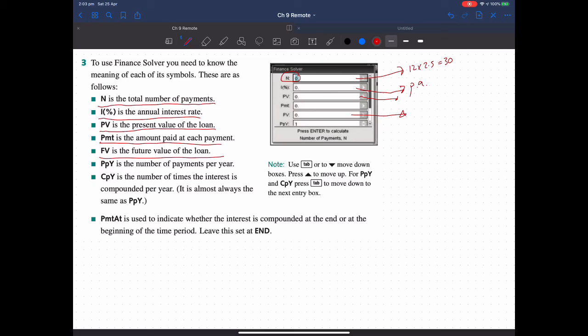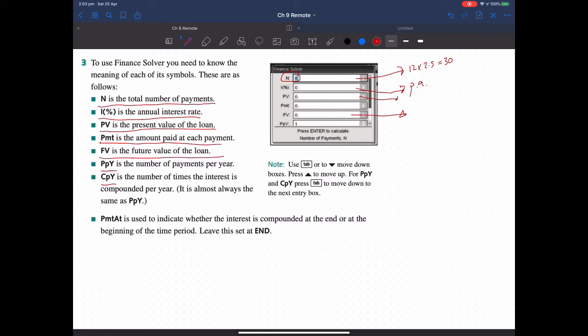The last two, PPY and CPY, by default, the calculator puts in the number 1 automatically. PPY is the number of payments per year.